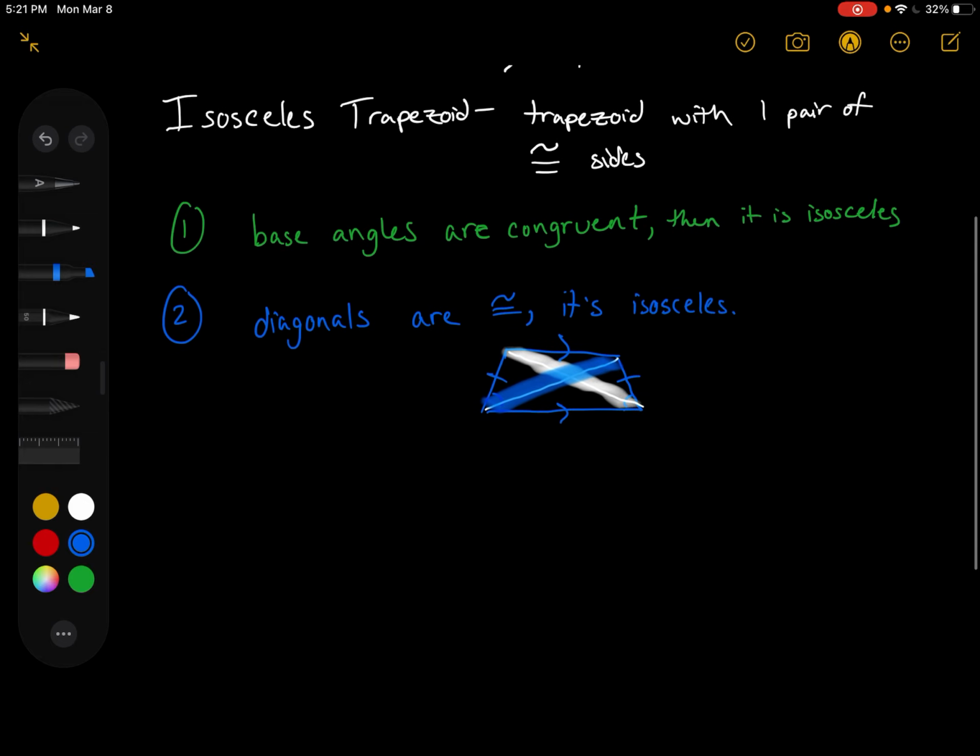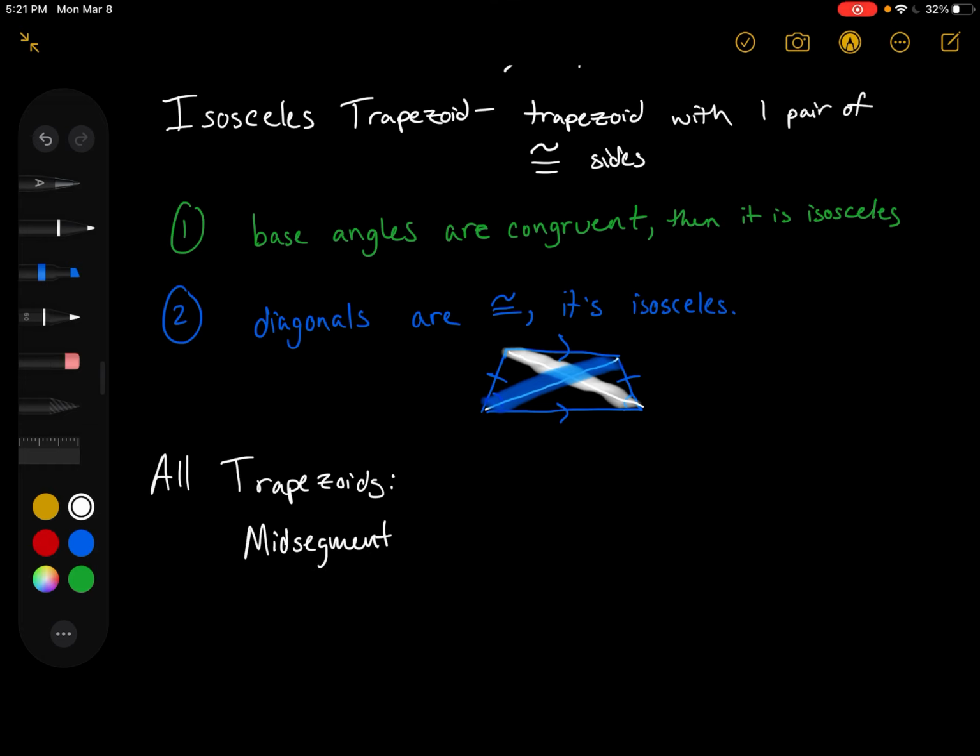The final thing we can say about trapezoids, so this isn't just for isosceles trapezoids, but for all trapezoids, is the following.